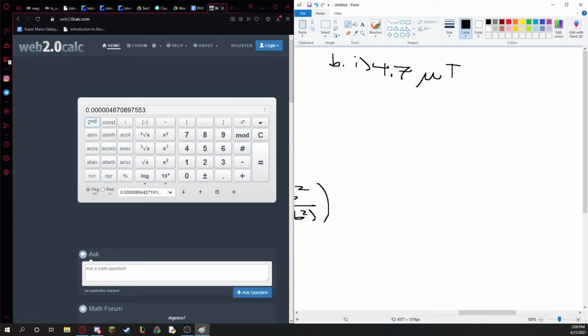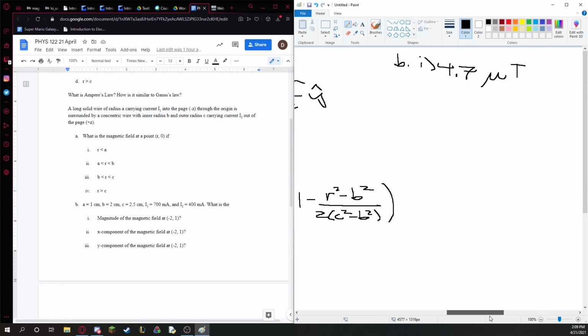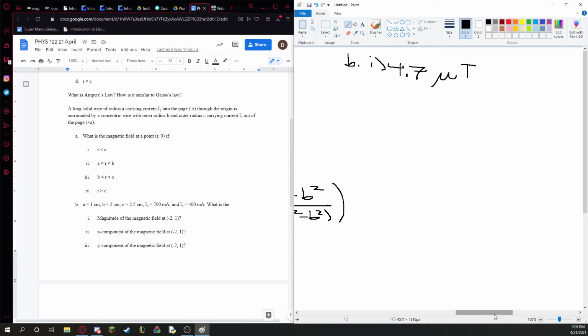So then how do we actually go ahead and break that into x and y components? What direction was our magnetic field in again? Is it clockwise or counterclockwise? Right-hand rule, I1 is into the page, I2 is out.